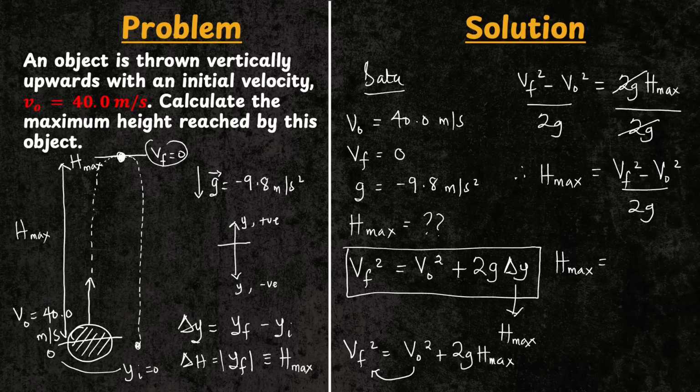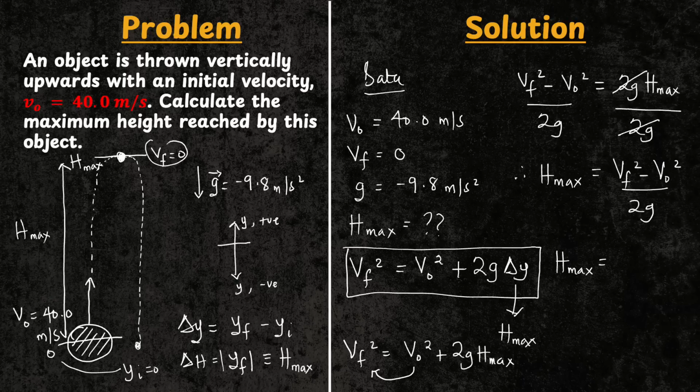H max equals, so the final velocity, which is the velocity of the object at the maximum height. So we know from the physics that given an initial velocity, the object will slow down until it reaches the maximum height where it momentarily stops. Okay.